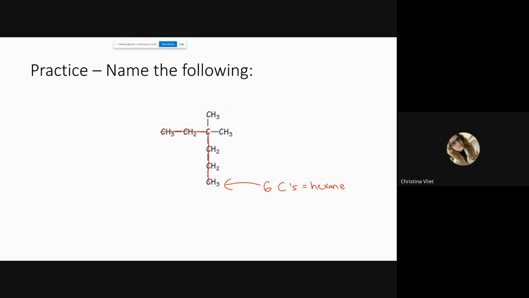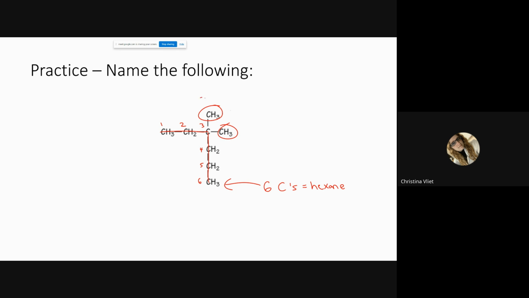Now what comes next? Circle, circle. Those are 2 different groups. They're both methyls. This would be the right way to go. If you go down to left, it would be 1, 2, 3 to the left, and 3 is less than 4. So the correct numbering is left to down.